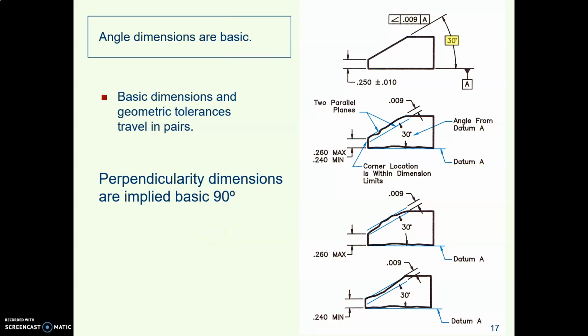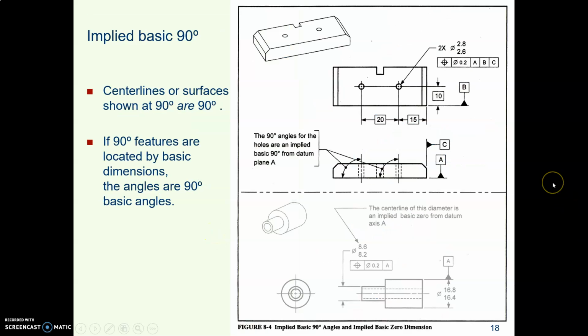If you think back to a couple of weeks ago when we were talking about basic dimensions, we mentioned a fundamental dimensioning rule in the ASME standard. Actually, we mentioned two of them. There's one dimensioning rule that we looked at a year ago that says if it looks like 90, it is 90.